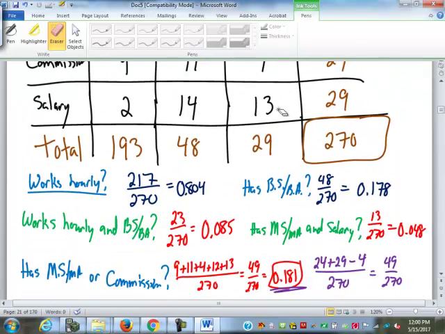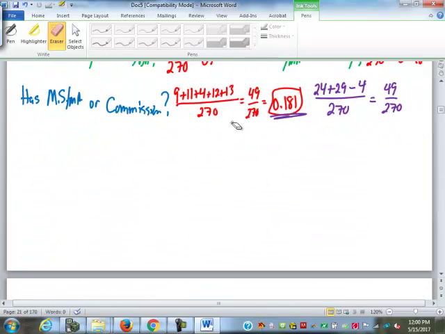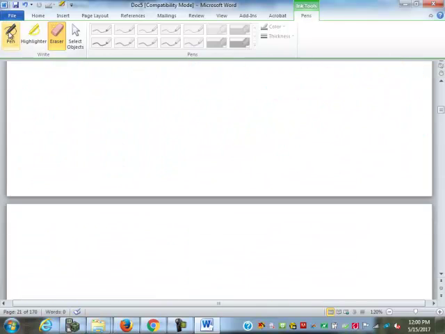Okay, now that conditional probability that we were looking at with the marbles. What is the probability, again, that a randomly selected employee has a bachelor's degree given they work hourly?